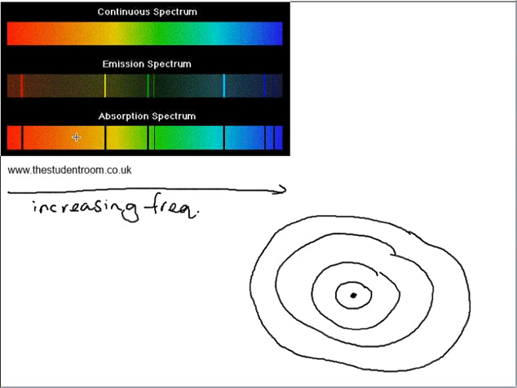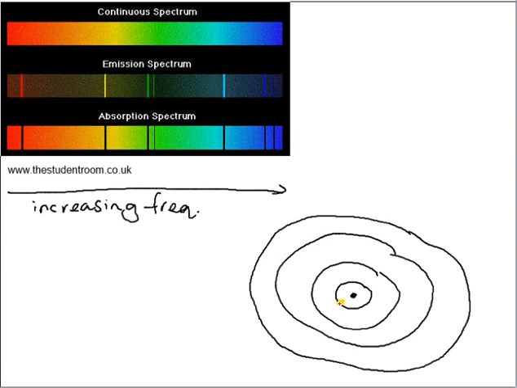So what ends up happening is the electron gets a certain amount of energy and a certain frequency, and this certain amount of energy and frequency is absorbed. If this is our model of the atom and our electron is right over here, it needs a certain quantum of energy to absorb.